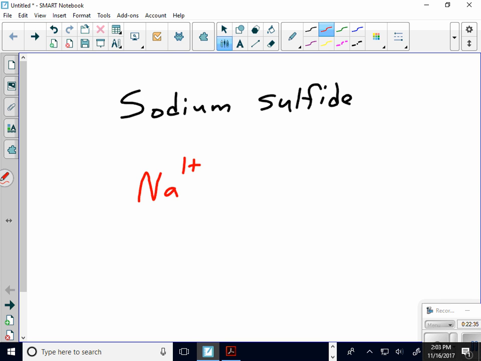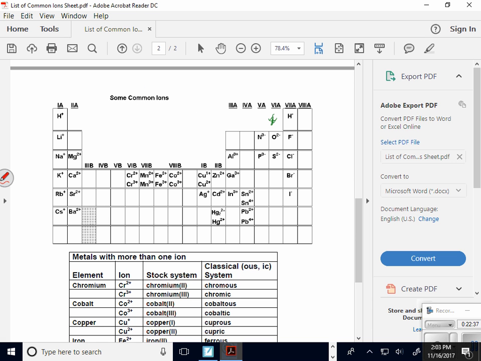Look at that periodic table I just showed you. Right there, sodium is a +1. What was sulfide? Sulfur, right? Sulfide is -2.